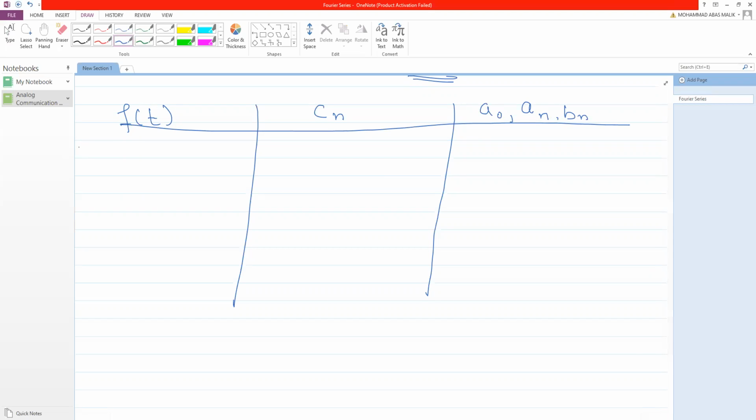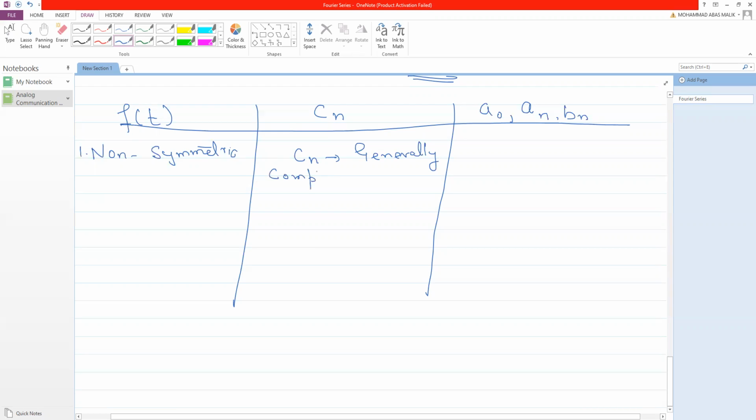First part: if the signal in the time domain is non-symmetric, meaning it is neither even nor odd, then the Cn value will generally be complex.